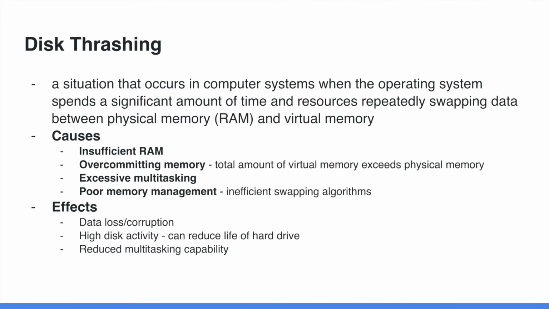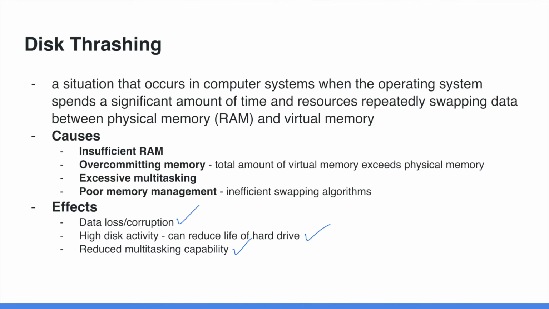And because it's putting so much load and using the hard disk so much, some of the effects are data loss and corruption, high disk activity, which reduces the life of the hard drive, and reduced multitasking capability, because you're spending a lot of time and a lot of processing power swapping between physical memory and virtual memory. So your ability to multitask and just function at a high level in general is reduced.